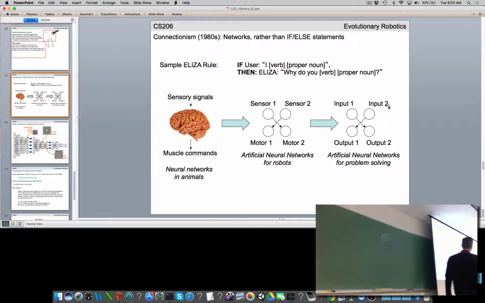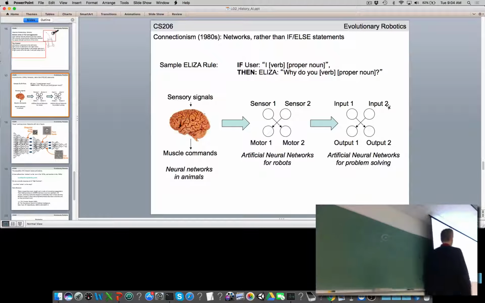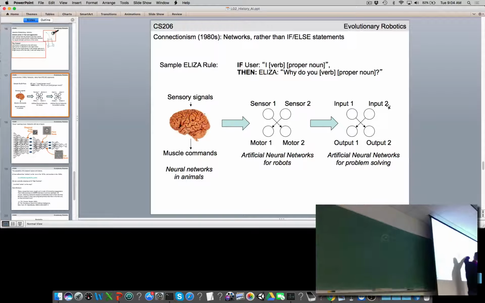So starting in the 1980s, artificial neural networks started to appear. We're going to see quite a bit about that in this course. An artificial neural network was a model of biological neural networks, or nervous systems, and they shared some properties in common with biological nervous systems. The main property was that they were more or less arranged in layers. At the top layer, or the sensor layer, information from the outside world arrives at these neurons. These circles are meant to represent neurons.